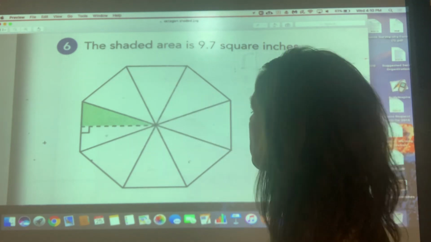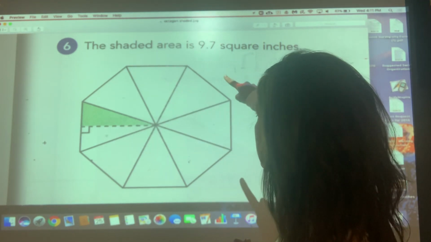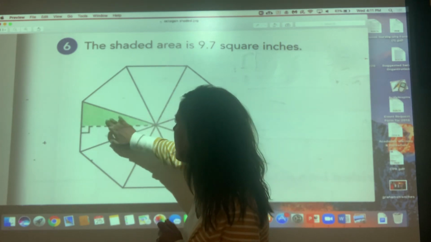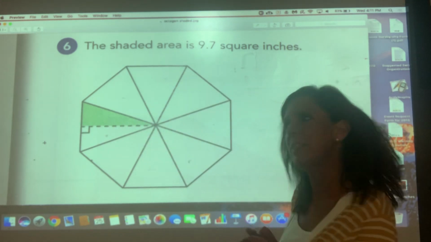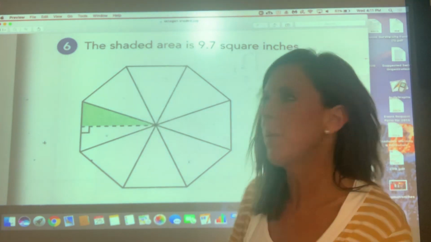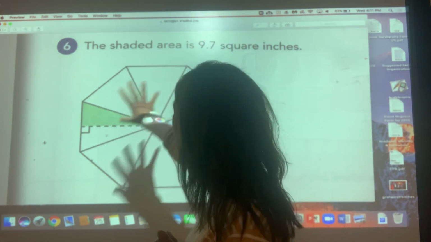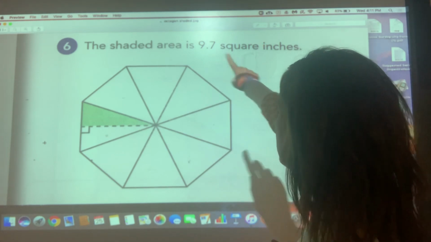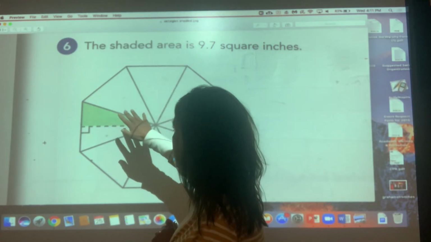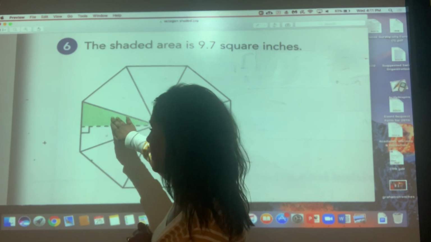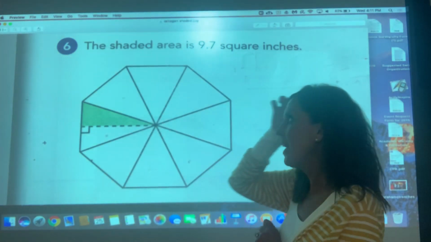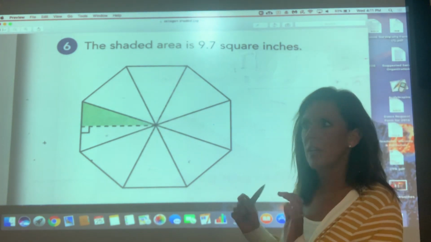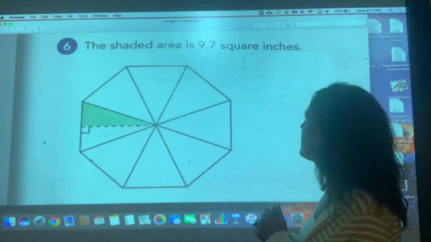It tells us in this problem that the shaded area is 9.7 square inches. So this right here is 9.7 square inches, and we want to know the area of this entire octagon. We just said that there were 16 of these, so we're going to take 9.7 and multiply it by 16. I'll give you a minute to see what that would be.